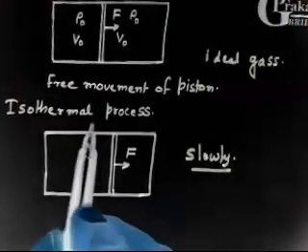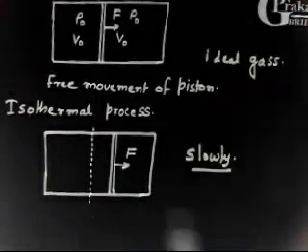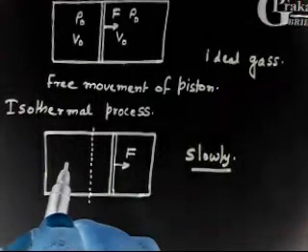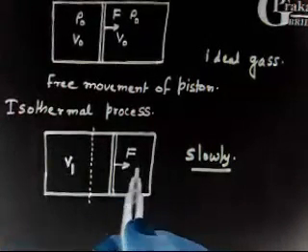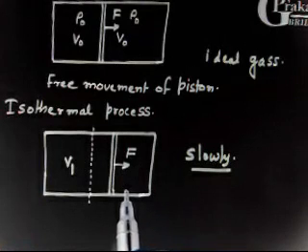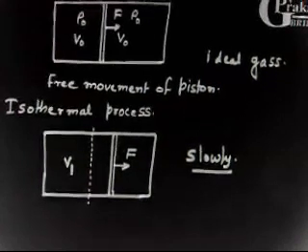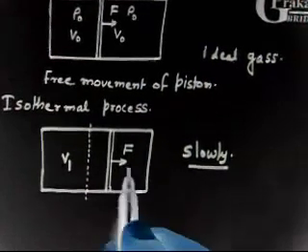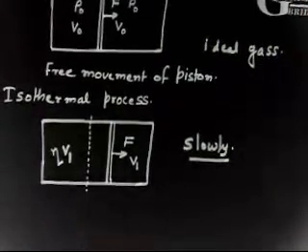Now see, the question says the volume of one part is eta times the volume of the other part. So let us say the volume of this side is V1. Then the volume of this side is eta V1.